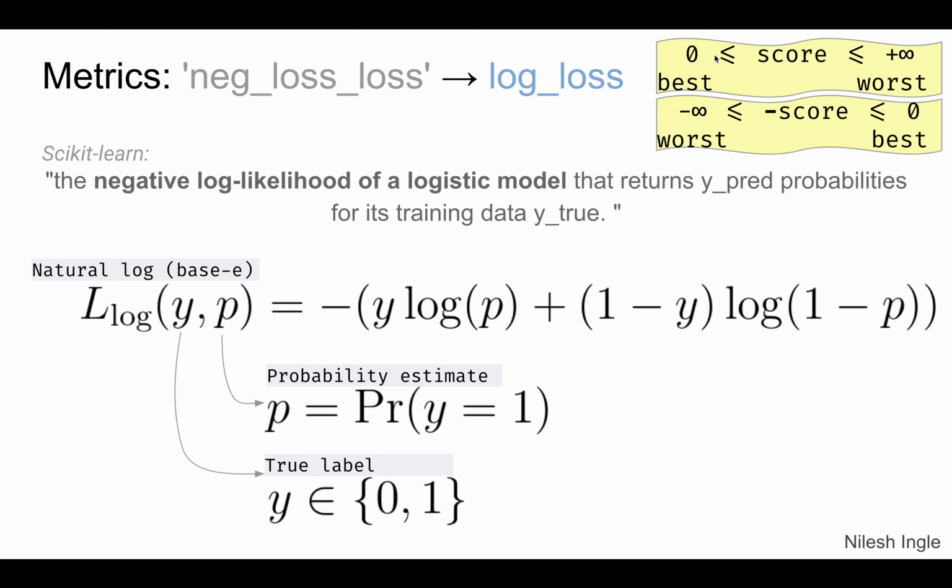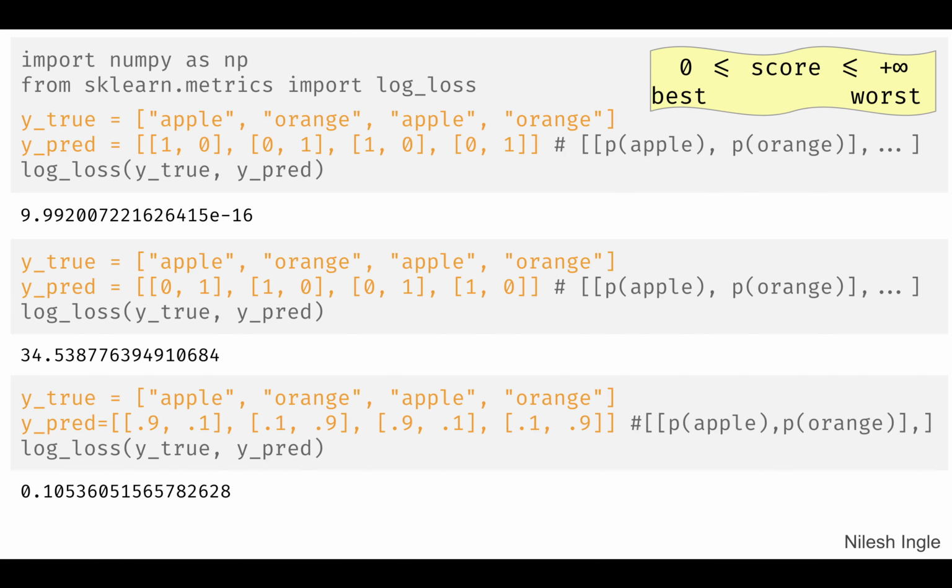Whenever we are looking at loss, the lower the loss the better it is, so 0 is better. But if we look at the negated value of that loss, then of course a value closer to 0 would be the best value, and the more negative the value is, the worse the model fit is.